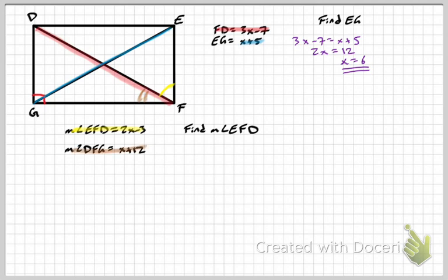We know that this whole angle is a right angle, so it would be 2x minus 3 plus x plus 12 equals 90. 3x plus 9 equals 90. 3x equals 81. So x is going to equal 81 divided by 3, which is 27.